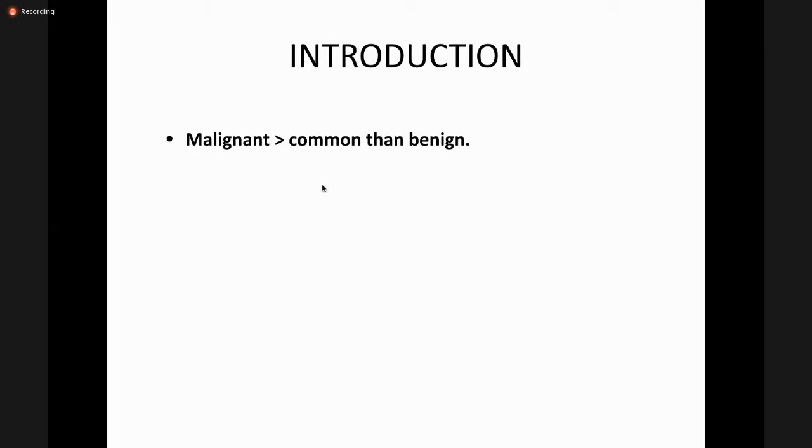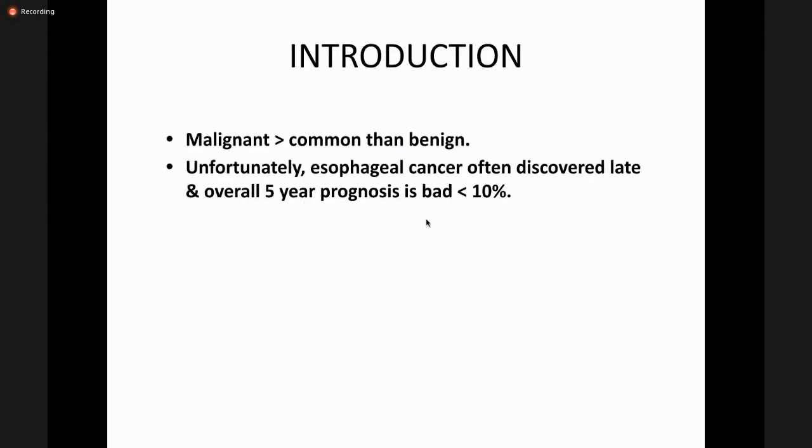The tumors of the esophagus are more malignant than benign, and unfortunately, the esophageal cancer is often discovered late. The 5-year survival is very bad for esophageal carcinoma. It's less than 10%.